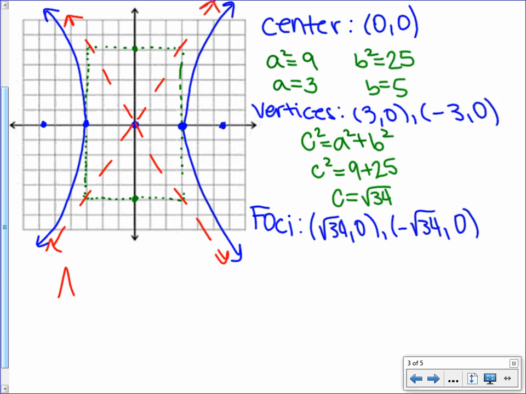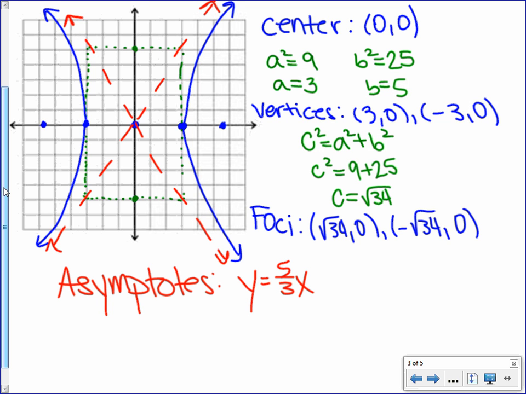So our asymptote is y equals 5/3 x. What about this one? What's the slope here? Negative 5/3 x. Your slopes will always be just opposites. The rise over run will be the same. One will be positive, one will be negative.